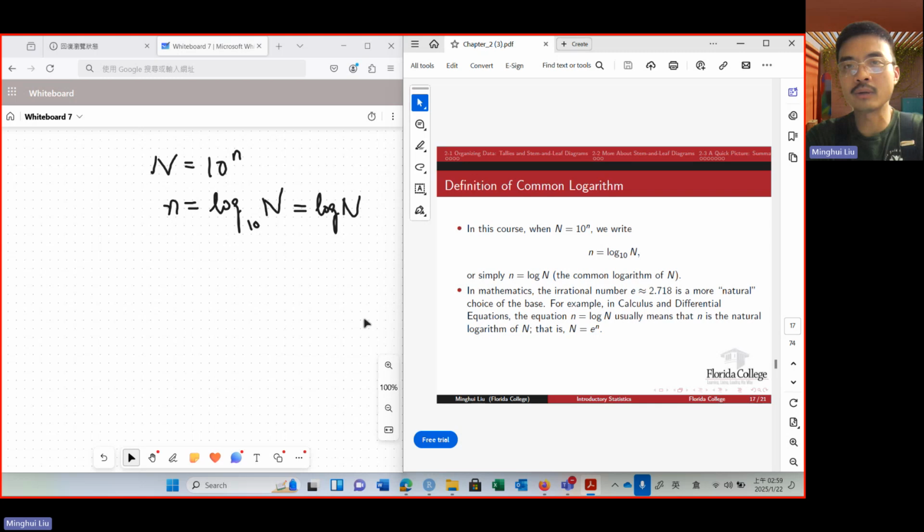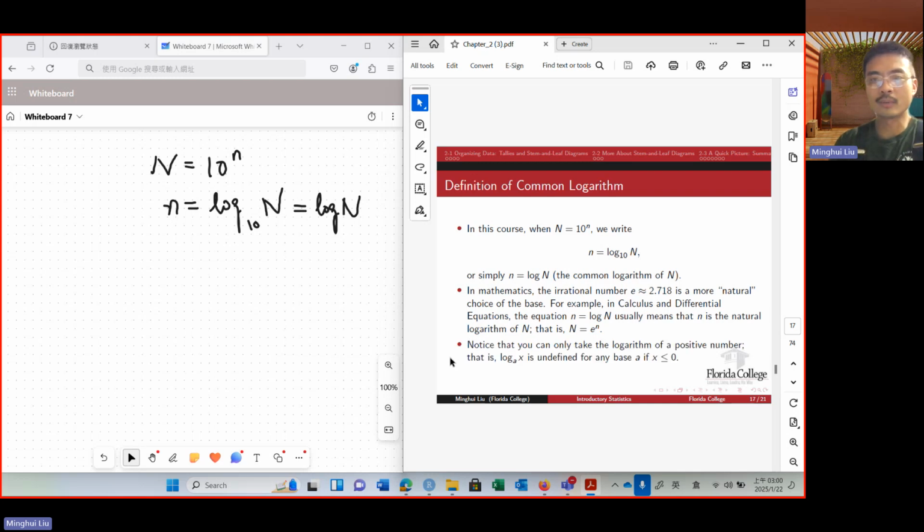If you're interested, I encourage you to take calculus, where you can learn much more about the beautiful aspects of e. For now, just keep in mind that e is commonly used as a base, especially in higher level mathematics. So don't be surprised if you see e as the base of some logarithm, or in some cases even the default base for logarithms.